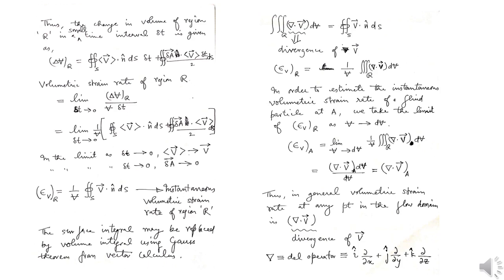So the limit of 1 over V cross volume integral del dot V dV as V cross goes to dV cross.